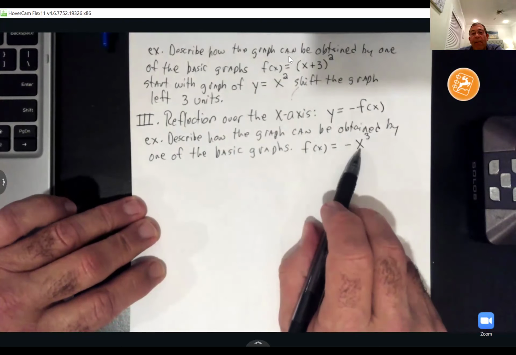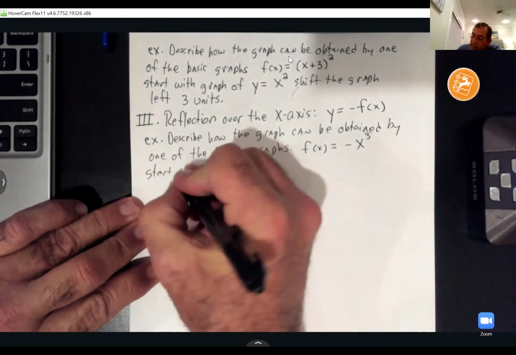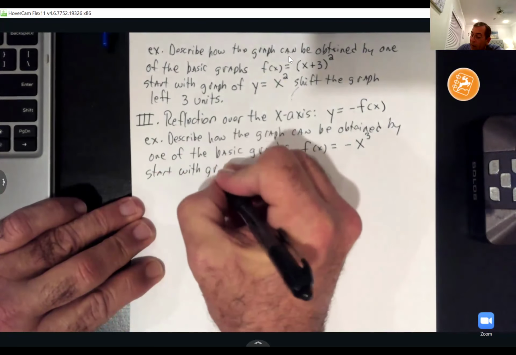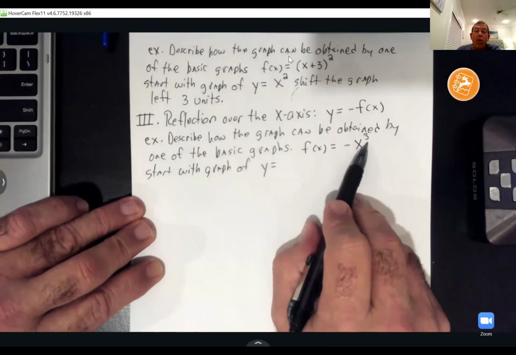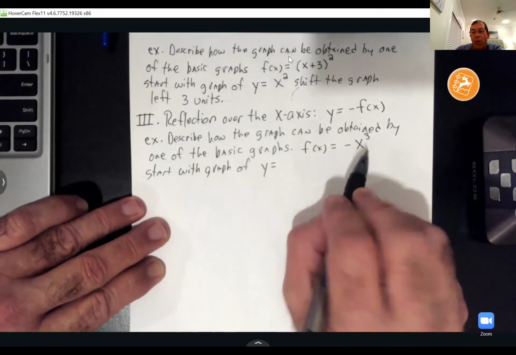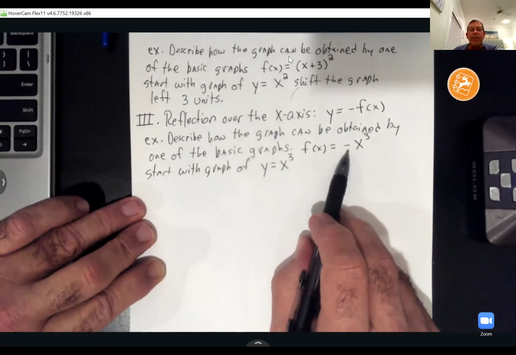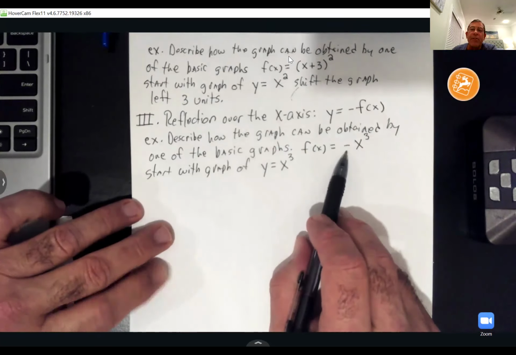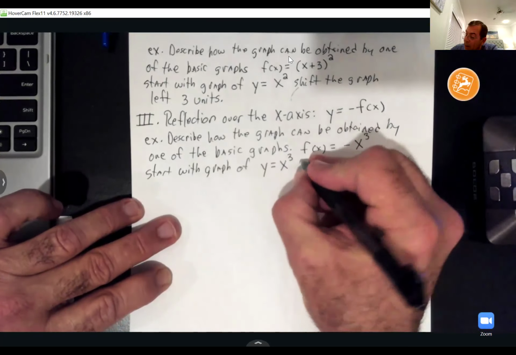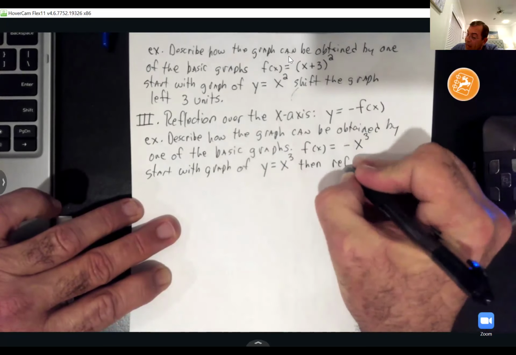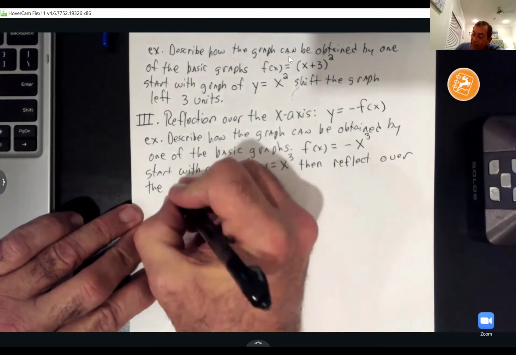So my basic graph, I'm going to start with the graph of y equals, well, x cubed is one of my basic graphs. So I'm going to start with x cubed. But guess what that negative's doing? That negative is reflecting my graph. So I'll start with y equals x to the third, then reflect over the x-axis.